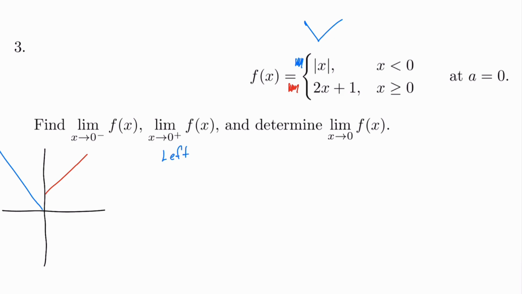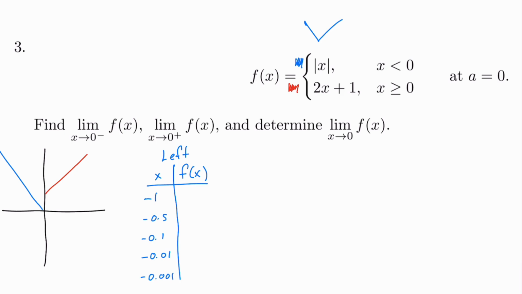For our left-handed limit, we've got x and f of x. And since we're looking at 0, I'm going to choose some numbers slightly less than 0. So let's start with -1, -0.5, -0.1, -0.01, and -0.001, getting closer and closer to a is equal to 0.